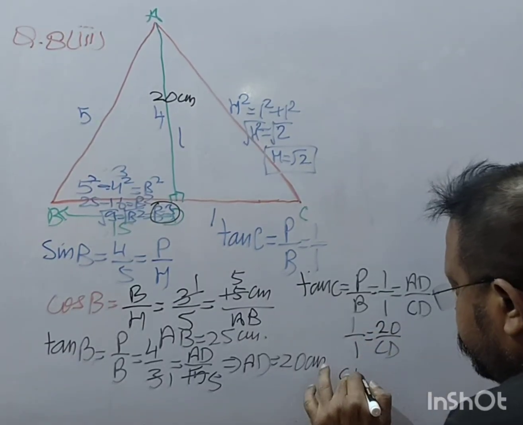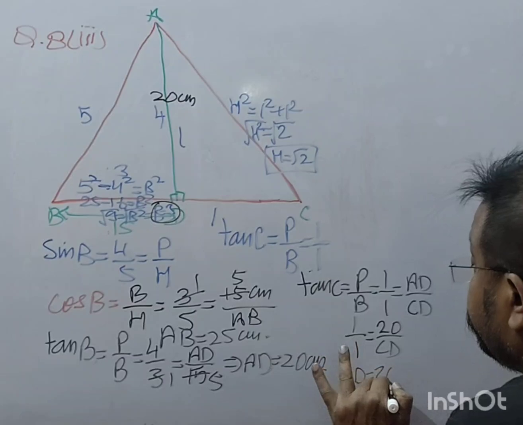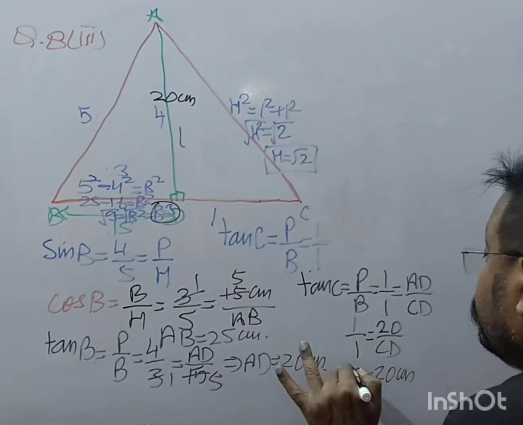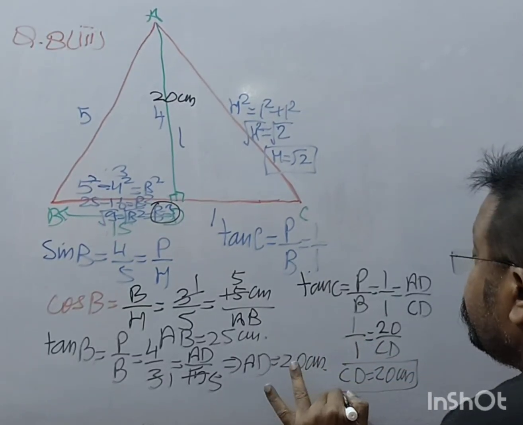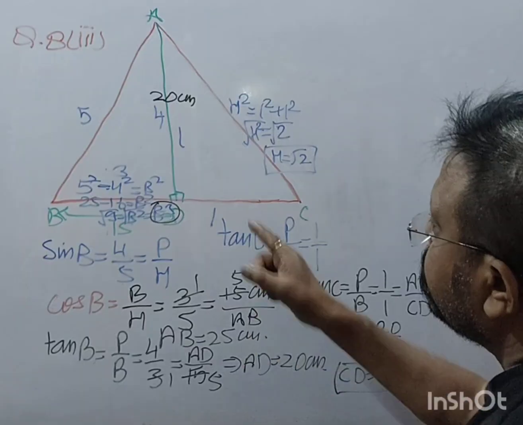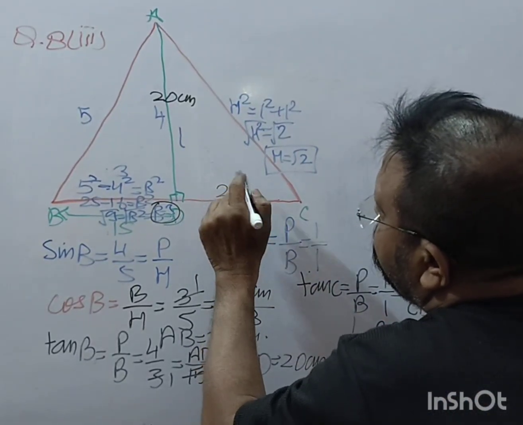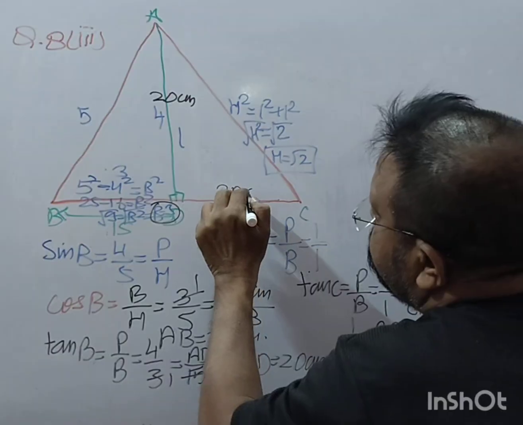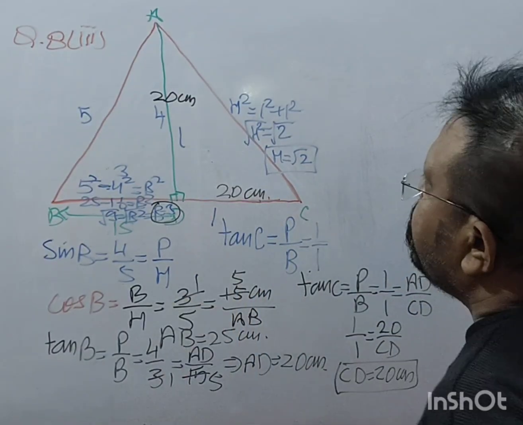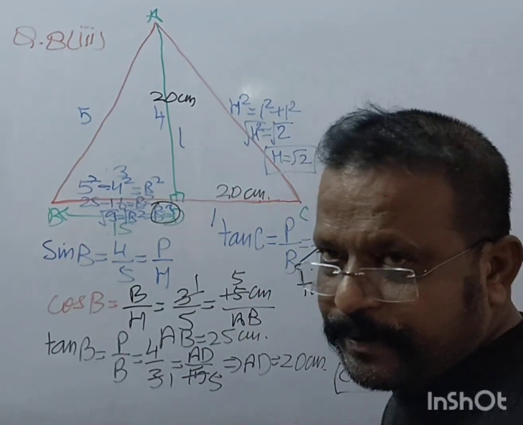So CD is equal to 20 centimeter. What is your answer? 20 centimeter. Now you have to find the AC.